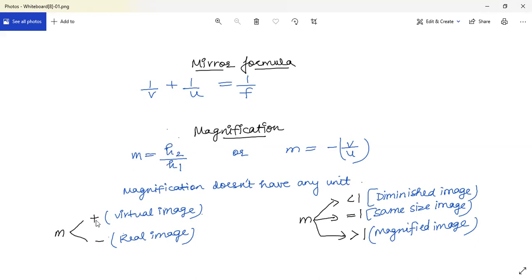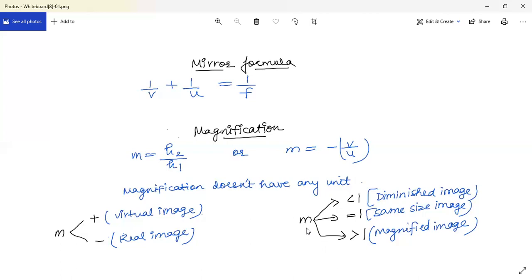Fine. Now your magnification can take two signs, either positive or negative. It takes positive for a virtual image and negative for a real image. Okay, easy. Now magnification can take three values, either less than 1, equal to 1, or more than 1.